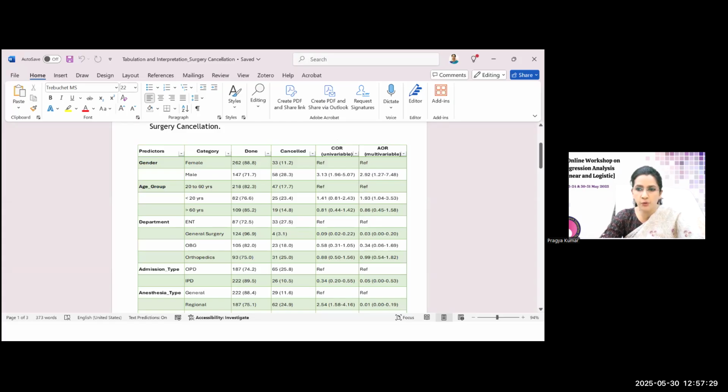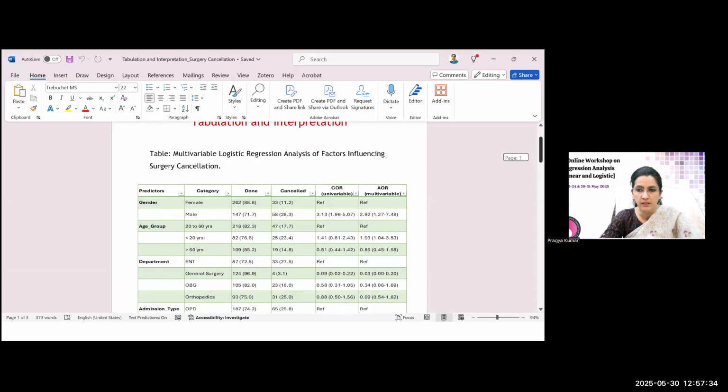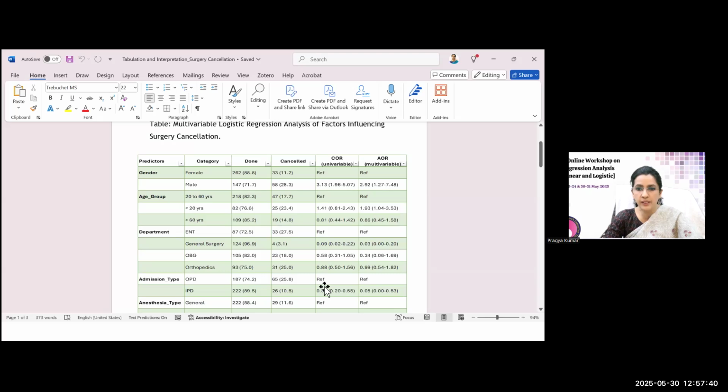Here we have shown with all, I think, but that's not the correct way. That's not the correct way. Here, what should have been done? Like department and all, in the crude it will be there, but in adjusted it will be dash dash. There will not be any value in adjusted. Why? Because I did not take that particular variable in my final. We will correct this table.